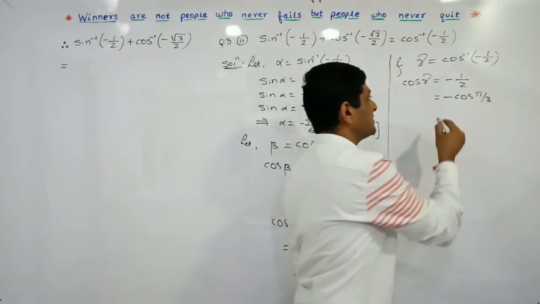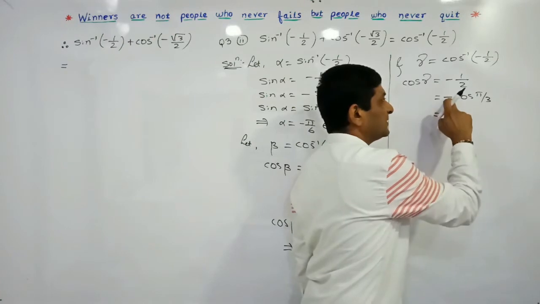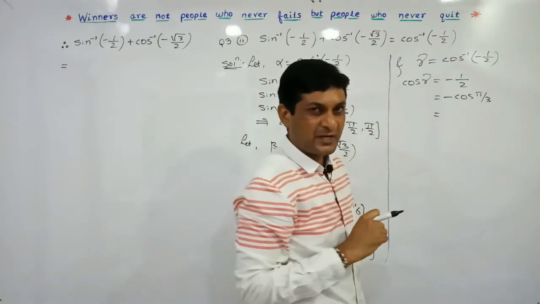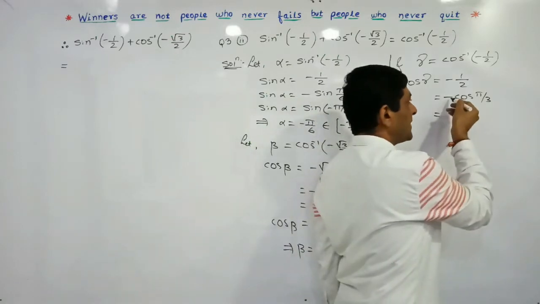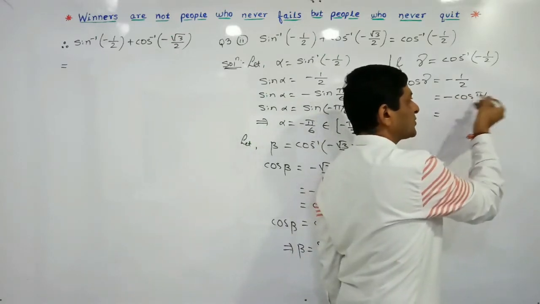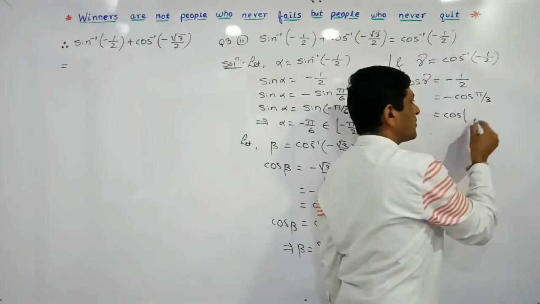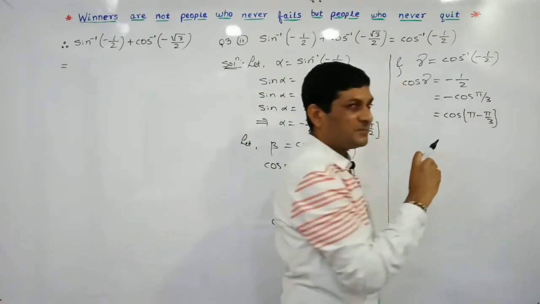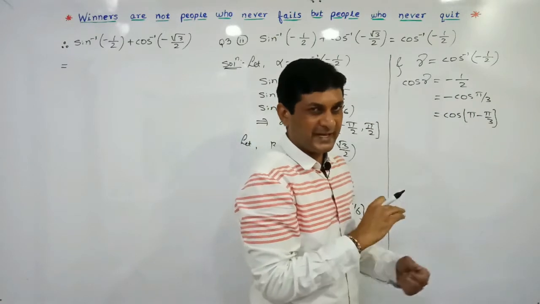Now this value of cos is negative, so it does not lie in the first quadrant. Therefore, according to allied angle formulas, minus cos theta can be written as cos pi minus theta, meaning we are finding the principal value in the second quadrant.